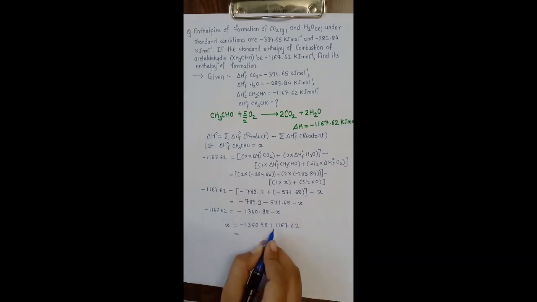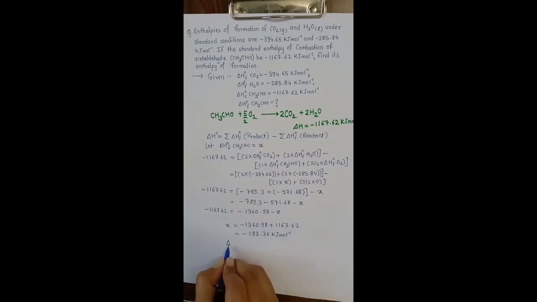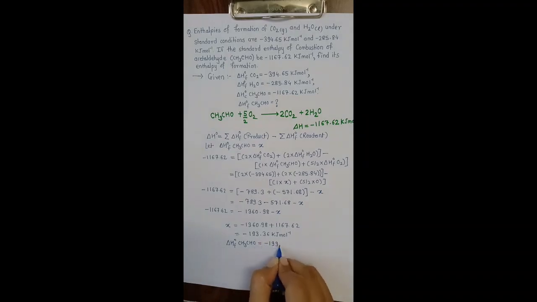So now this plus minus becomes minus, sign of the bigger number. So this subtraction is equal to minus 193.36 kilojoule per mole. That means delta HF naught for acetaldehyde, that is CH3CHO, is equal to minus 193.36 kilojoule per mole.